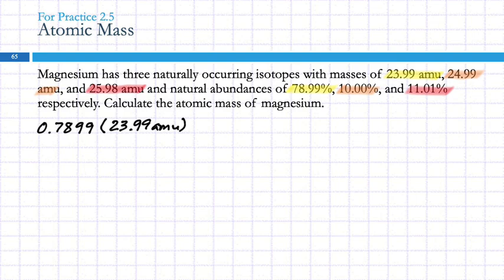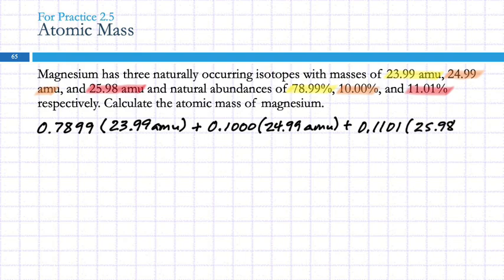And then we'll go on and do the next one. So 10% becomes 0.1000 times that mass, and the last guy, 0.1101, the fraction, and 25.98 atomic mass units.